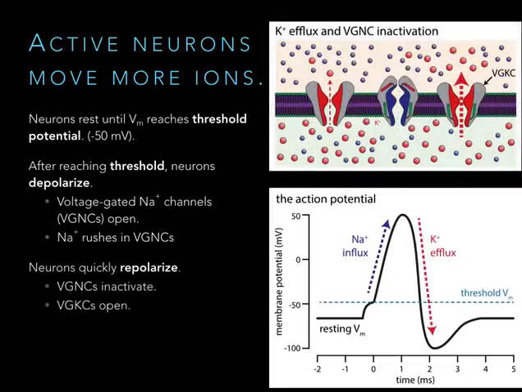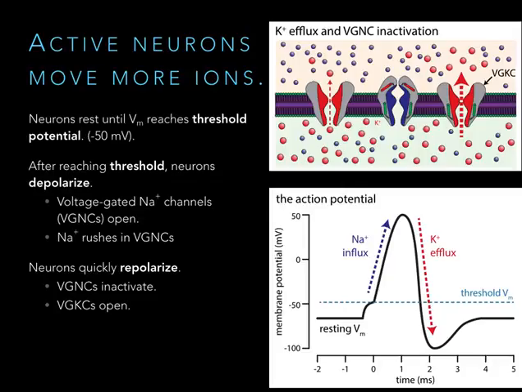We can see that these channels actually turn themselves off. After about a millisecond or so, the neuron is going to quickly repolarize. Rather than depolarize and get that positive membrane potential, the voltage-gated sodium channels are going to inactivate themselves. So they're going to turn themselves off.